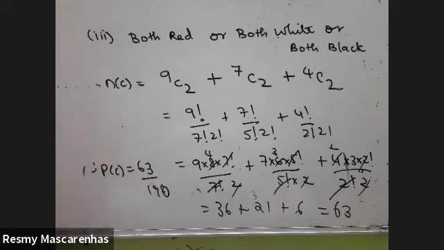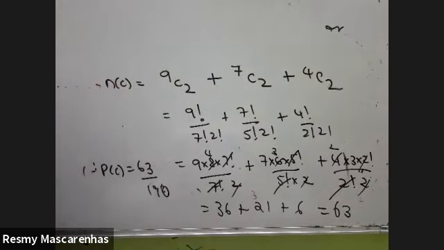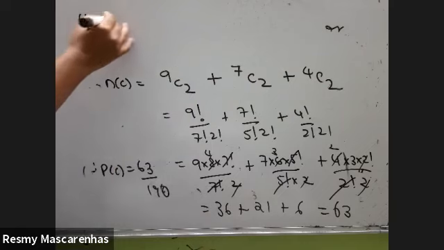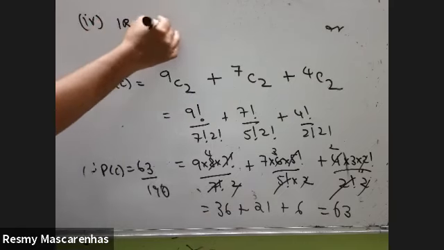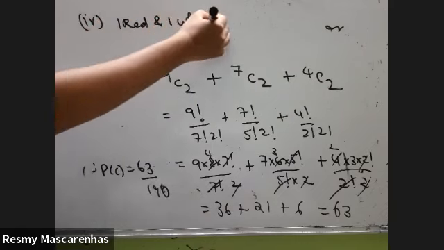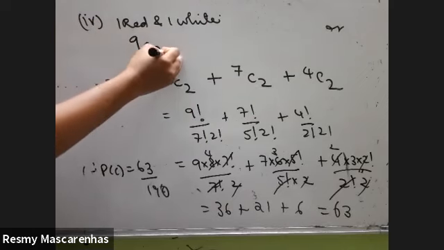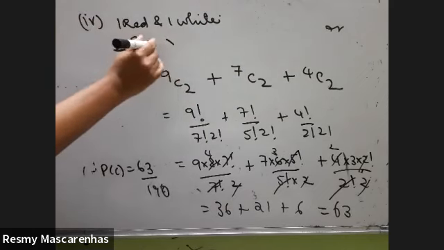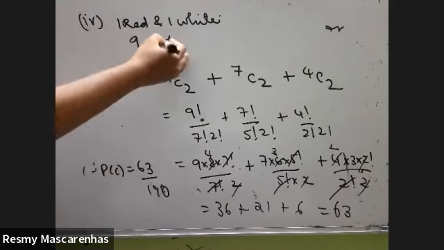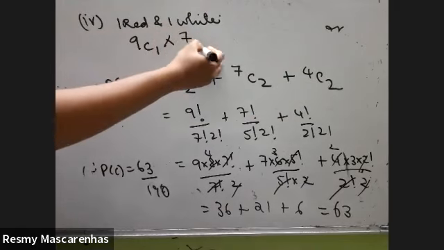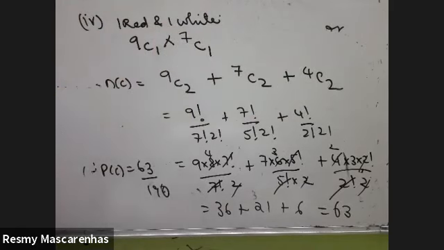And the last one is one red and the other one white. So this is simple. One red and one white out of those two. So for red, 9 options are available. From 9 you are picking up one, and from 7 you are picking up the other one.